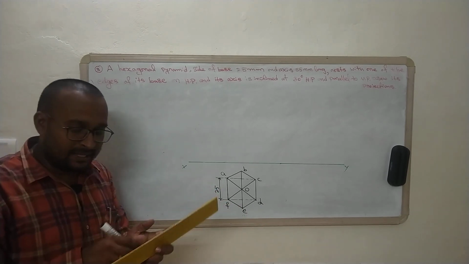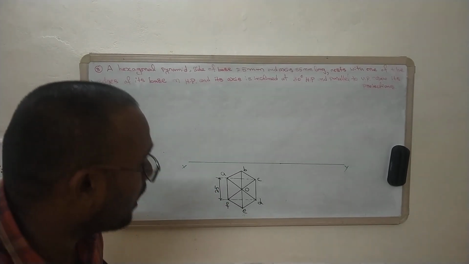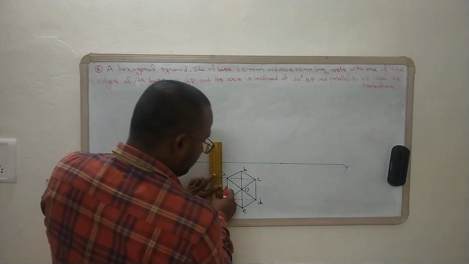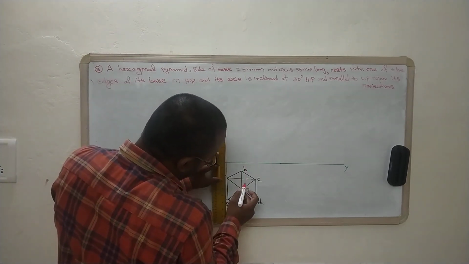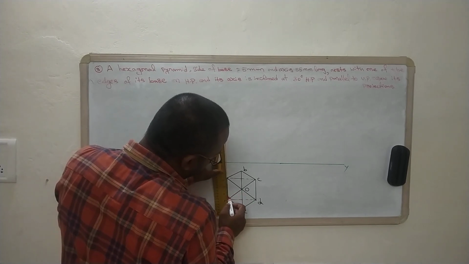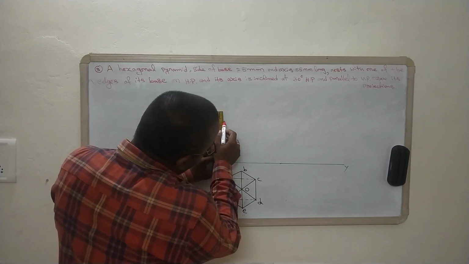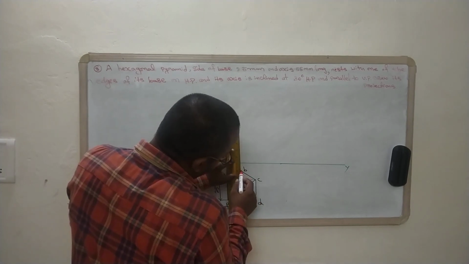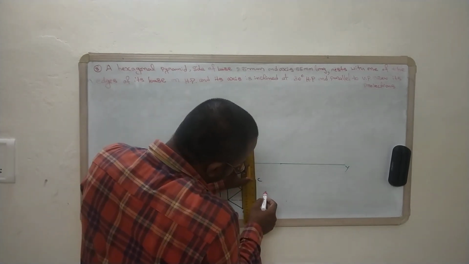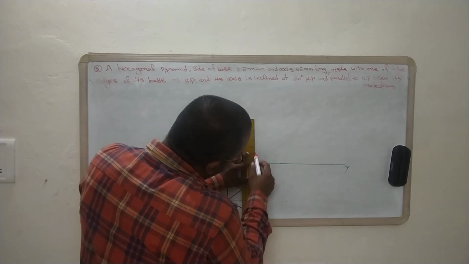Now we need to project that upwards. Axis height is about 55 mm. Here this is the center axis as well as the front axis.